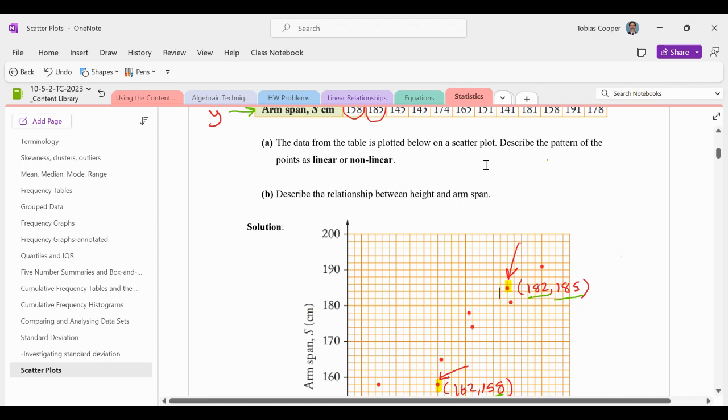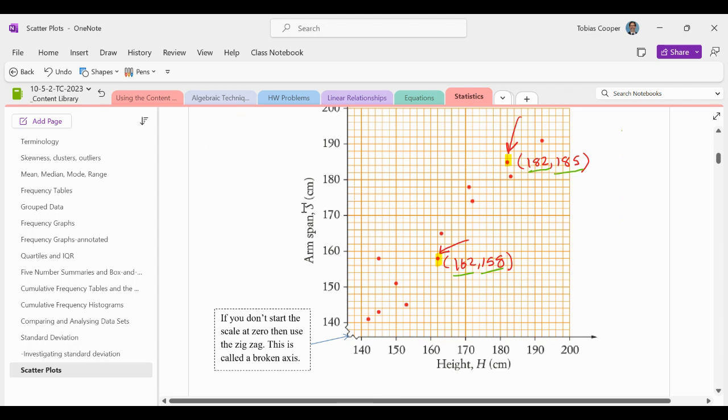Now, we've got to describe the pattern of the points as linear or nonlinear. Linear means straight, and nonlinear means curved, something like this. The best thing we can do is look at what sort of pattern these follow.